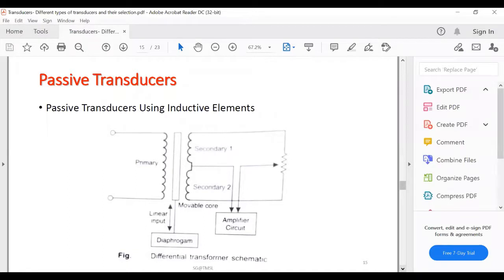If the core is moved upward, then the voltage in secondary one increases, while that in secondary two decreases.